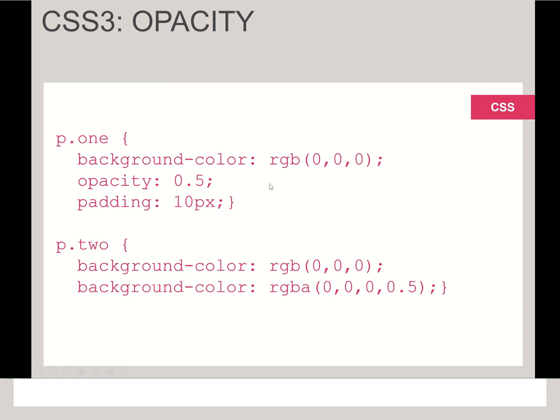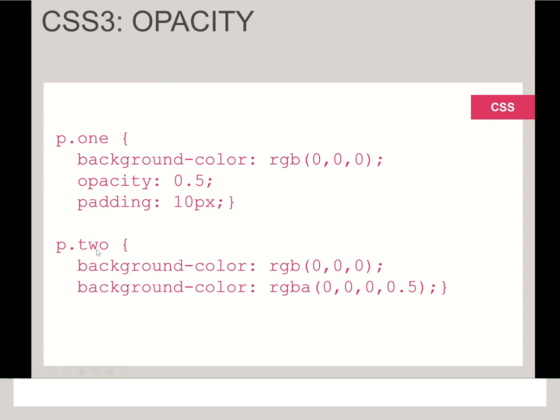That means it will not block the other square. And then the padding is 10 px, 10 pixels. So we don't draw from the beginning of the paragraph; we leave 10 pixels.